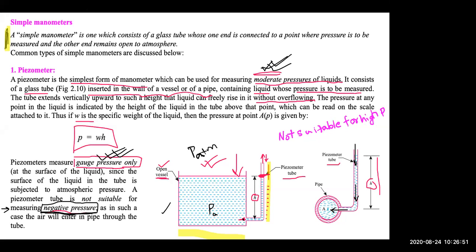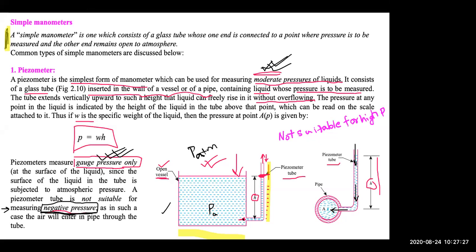I hope you all have written those points. Not suitable for measurement of high pressure. Second point is not suitable for measuring negative pressure. Third point is not suitable for measuring the pressure of gases. Sir, second, third what, sir?